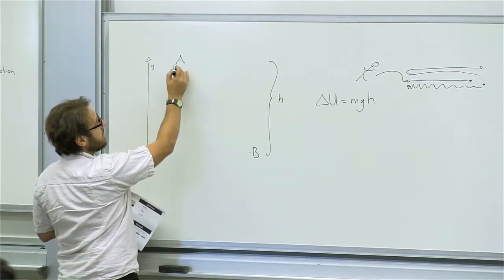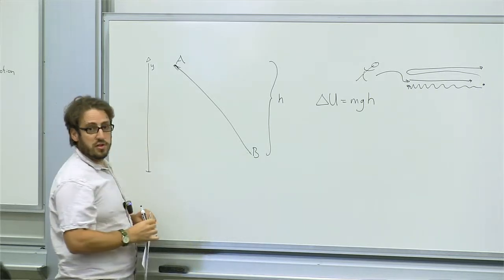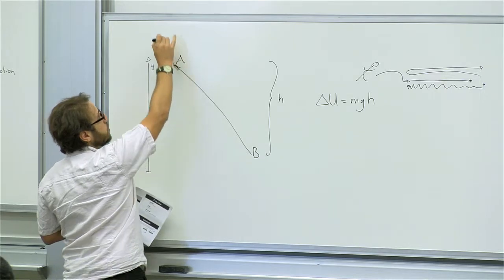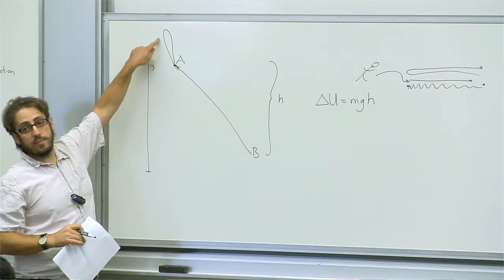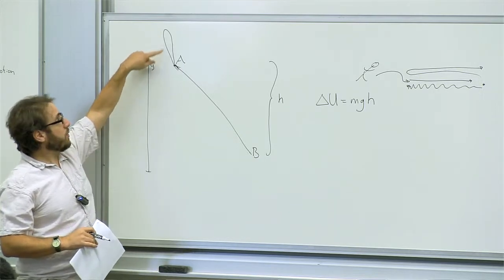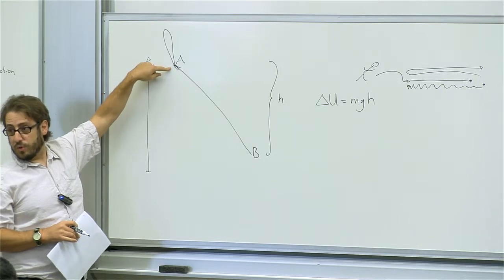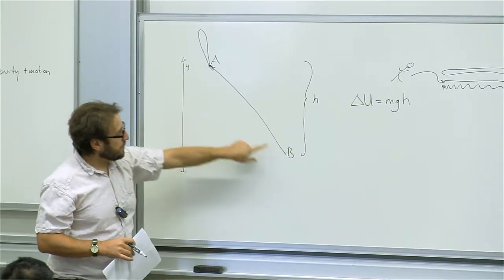So say, instead of going straight from here to here, where you lose potential energy, what happens if, let's make it simple, you take a detour up and come back? You go up, you gain potential energy. Now when you come back to point A, you lose potential energy. How much? Exactly the same amount as you had just gained, right? So imagine this is the simplest path.